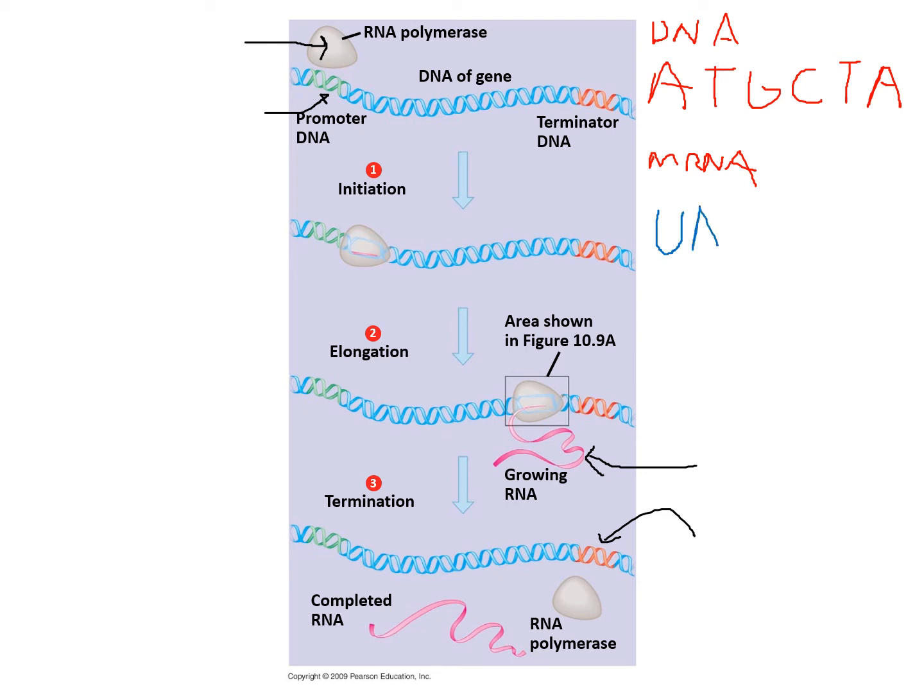For T, you're going to have A. For G, you're going to have C. C, you're going to have G. T, you're going to have A. And then for A, you're going to have U again. And then this is 2 codons. It's going to be read like this: 1 codon, 2 codons. So that's how it's going to be transcribed.